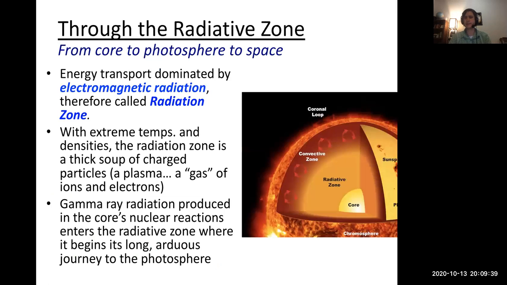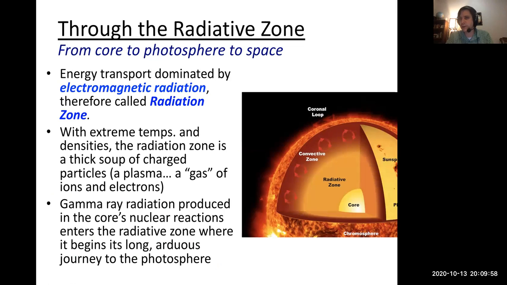The high temperature means that you're not dealing with atoms in the radiative zone, you're dealing with ions. The high temperature strips away the electrons from the atoms. So you have a bunch of ions, charged atomic nuclei with some number of electrons or no electrons, and a bunch of electrons running around.